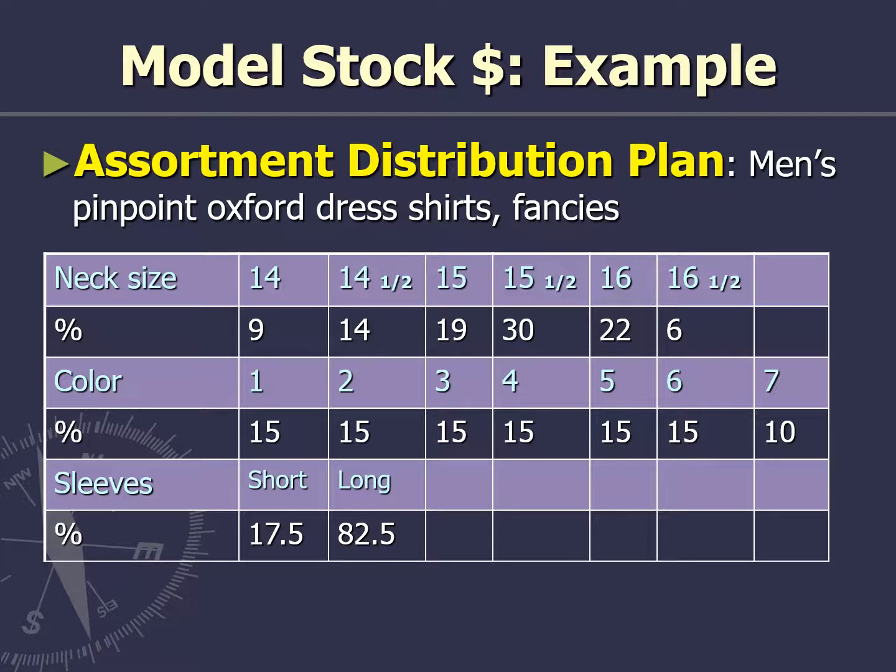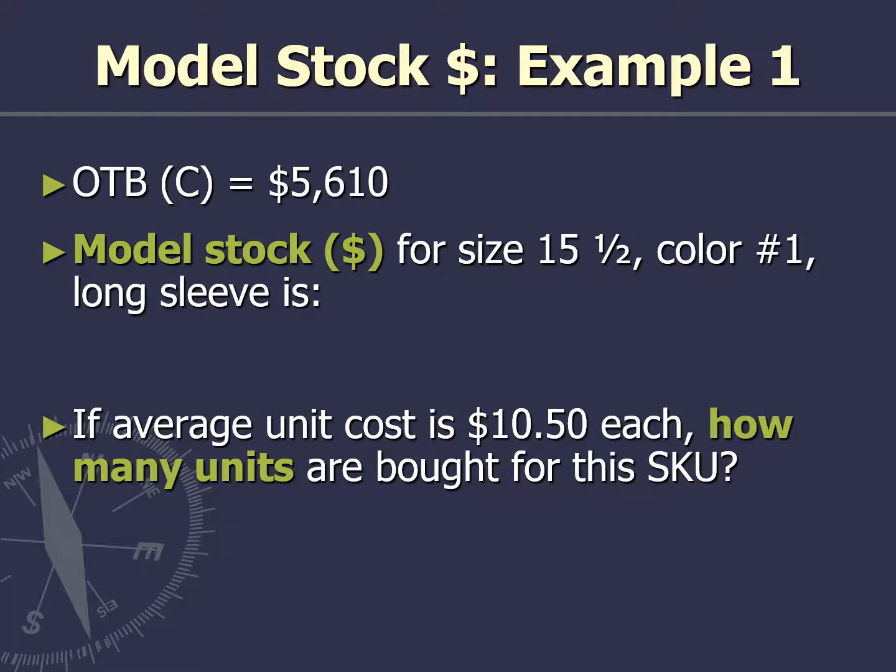Now, given this chart, let's try to find the open to buy dollar that we can allot to each specific SKU. For example, let's say the open to buy at cost for all dress shirts is $5,610.